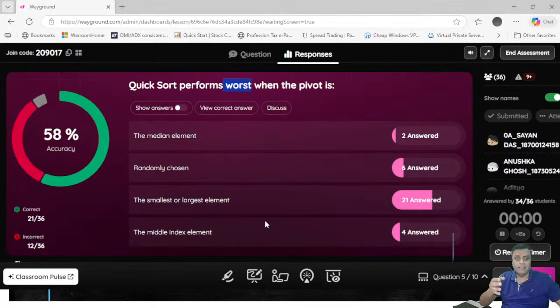The left array does not exist, right array exists. If it is at the right end, then the right array doesn't exist, left array exists. That means you are going to create a skewed tree, either a left skewed tree or a right skewed tree. And that means that it will become n square. N square is greater than n log n. That is worst case time complexity, right?